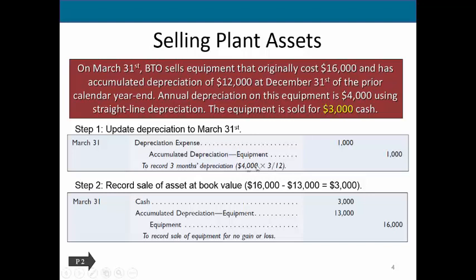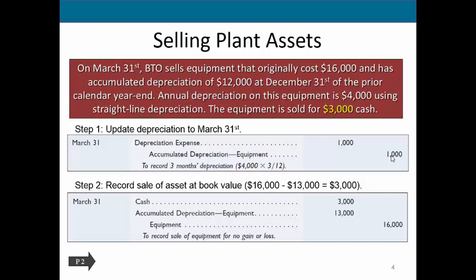So $4,000 for 3/12 of the year is going to tell us that we need to update our depreciation for $1,000 of depreciation expense and accumulated depreciation. So now we need to take the asset off of our books, and we need to recognize the cash that we got, and then we can look to see if we have any type of a gain or a loss.